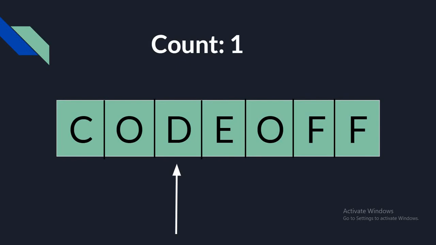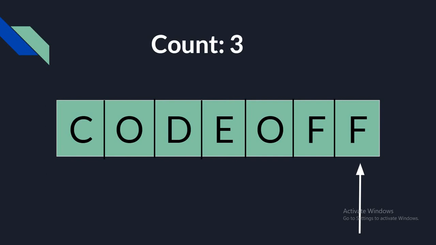D is not a vowel, E is another vowel, so we increase our count again. O is another vowel, so we increase the count. F is not a vowel, F is not a vowel, and at last we get our count equal to 3. So in the iterative approach, we start from the first character, traverse the whole string, and check if each character is a vowel or not.